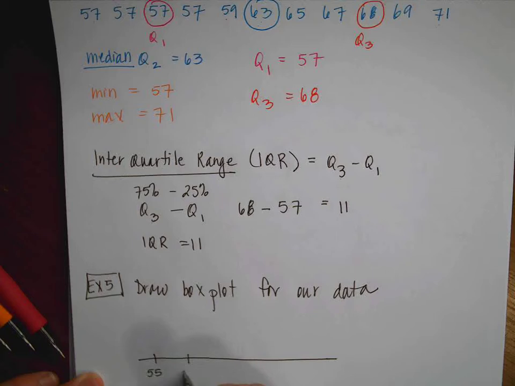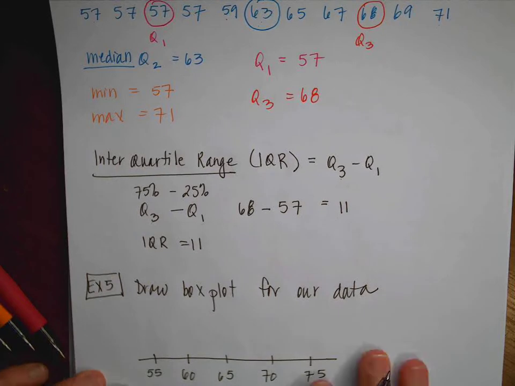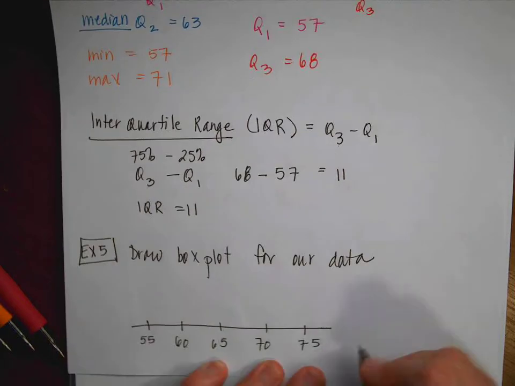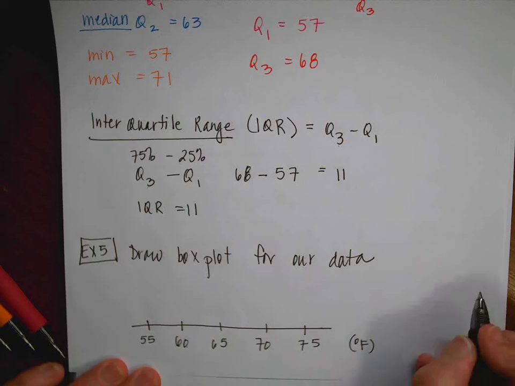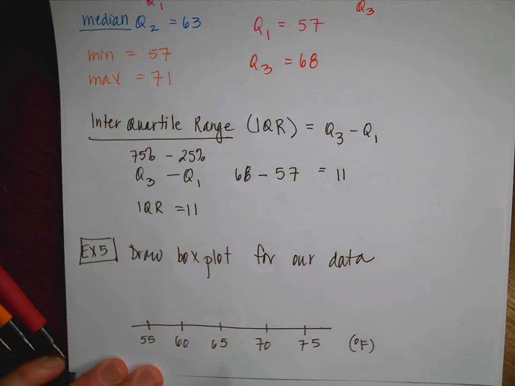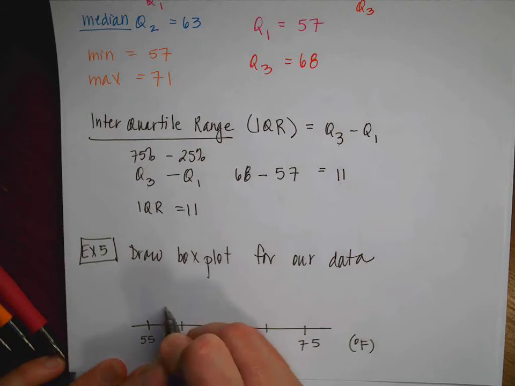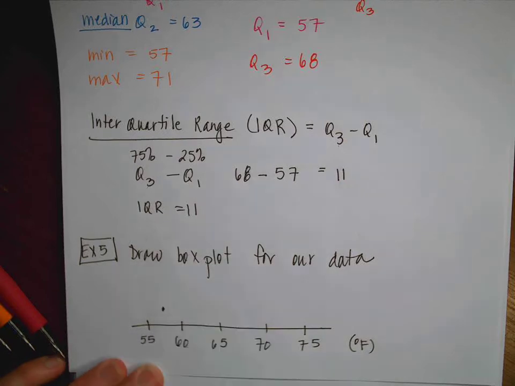And my minimum is going to be 55, and then I'm going to do 60, and then 65, and 70, and then 75, so I'm going up in units of 5, okay, and my units would be degrees Fahrenheit, okay.